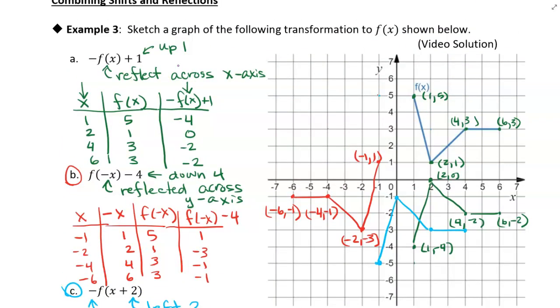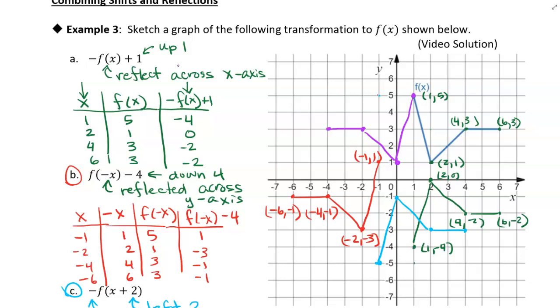Right, 1, 5 is actually corresponding to the point here. And then I had 0, 1. So 0, 1 is here. And then I had -2, 3. So -2, 3 is here. And then I had -4, 3. So that's here. And then I can connect these up. All right. So that's the answer.